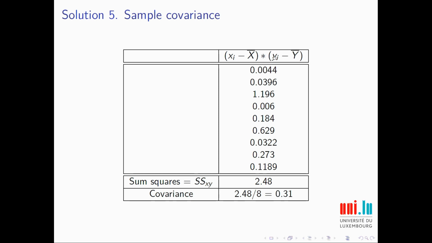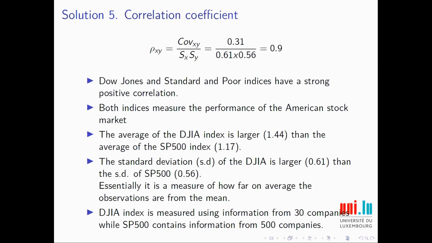So again, we just multiply the two columns, we find the sum, and we divide it by the number of elements in our sample. So we get covariance, correlation again.